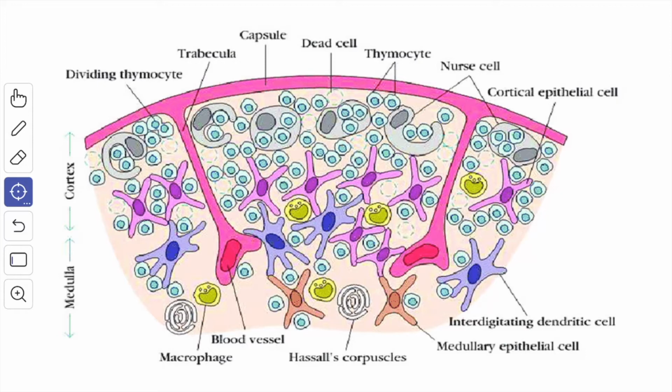Later, they become flattened and may branch, and the cells join to form a sheet that covers the internal surface of the capsule, the surface of the septa and the surfaces of the blood vessels. The epithelial cells lying deeper in the lobule develop processes and join with similar processes of other cells, and they form a reticulum.